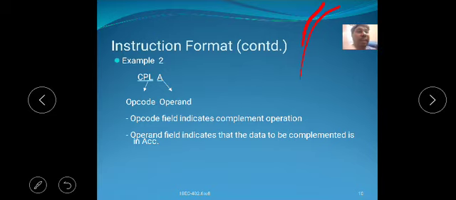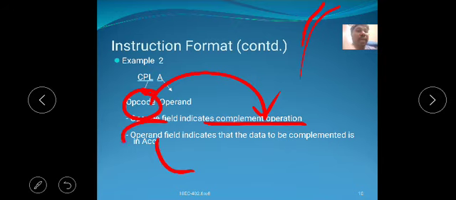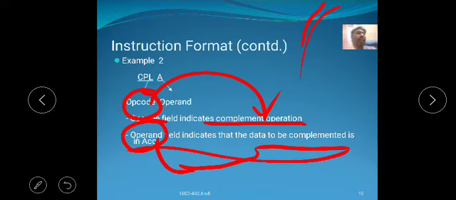The opcode field indicates the complement operation. The operand field indicates the data to be complemented in the accumulator.